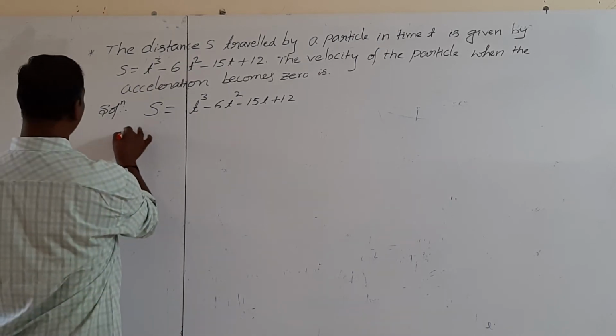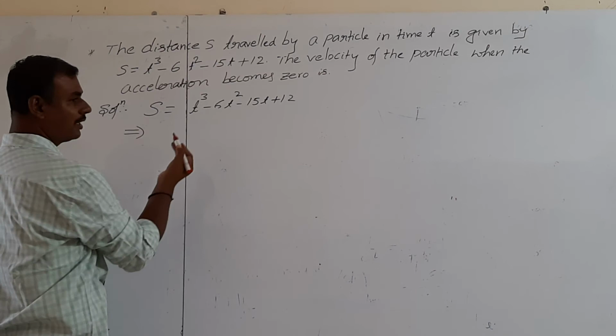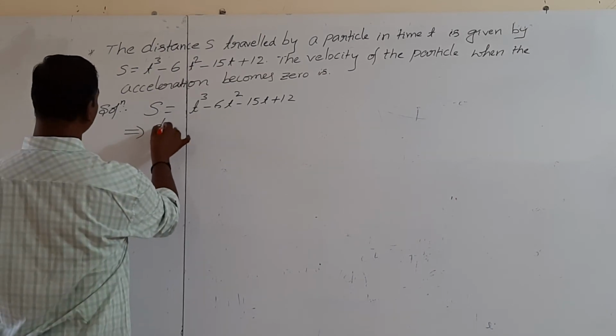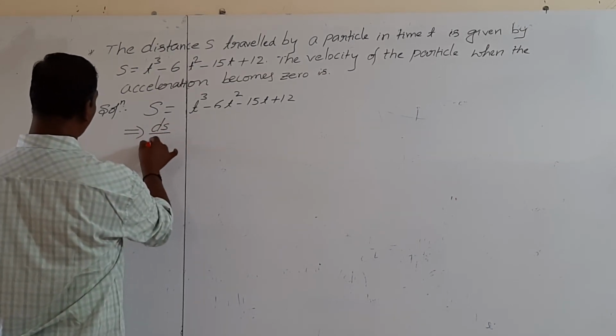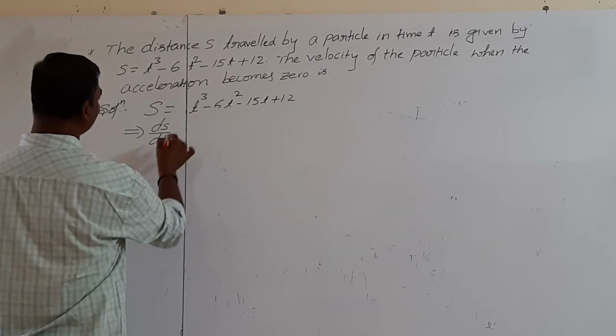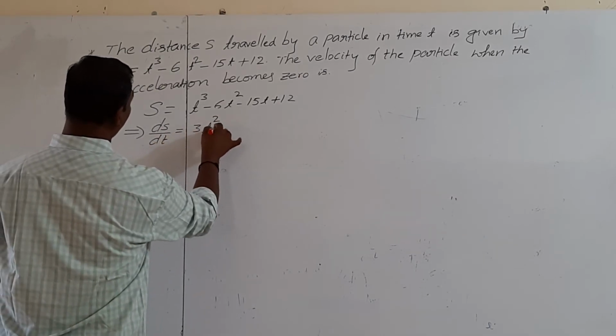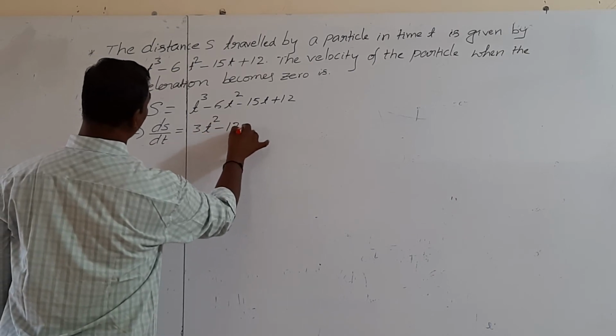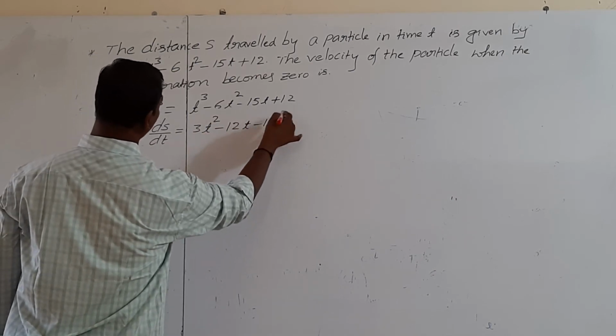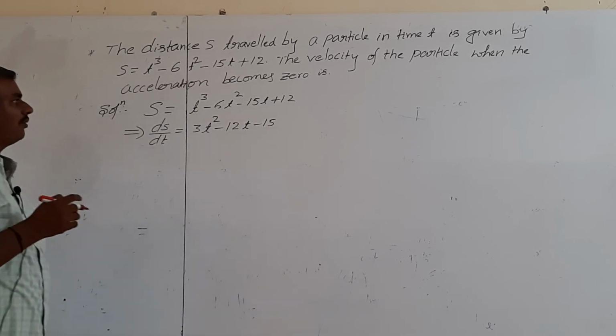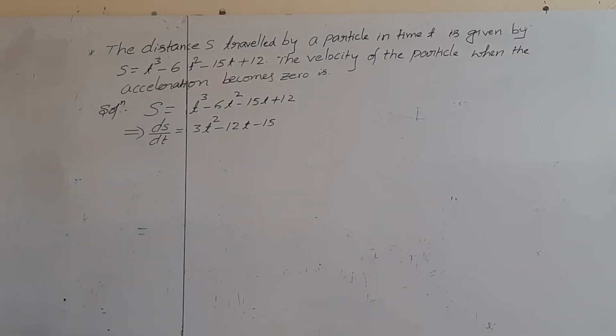So what to do here? We should find differentiation with respect to time. Firstly, we should find out velocity. ds by dt is equal to 3t square minus 12t minus 15. So this is the velocity, the rate of change.